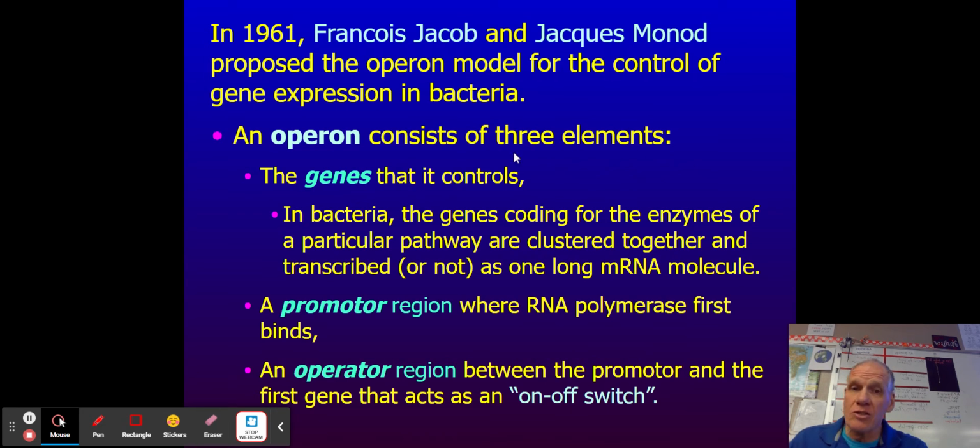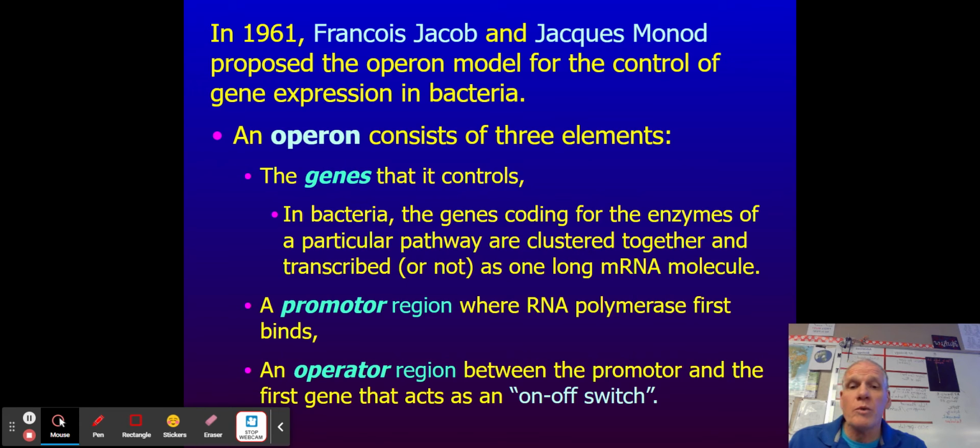The genes that an operon controls in prokaryotes. Generally, these genes are grouped together that play a role in either breaking something down like the lac operon or synthesizing like tryptophan in the trp operon. Those genes are together and transcribed and translated as a unit.